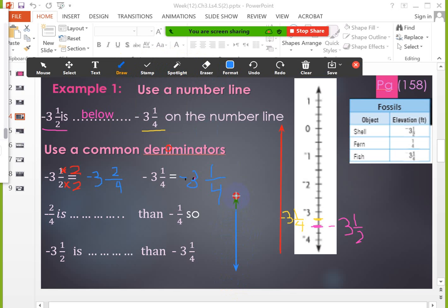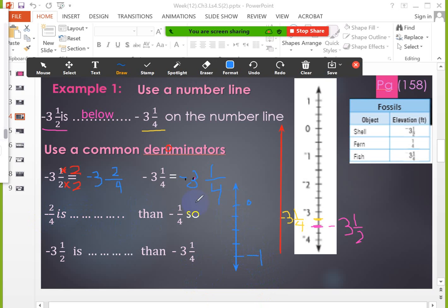This is a number line as an example. This is a number line, and this is 0, and this is negative 1. Now I will explain it, Yusra. I will divide the distance between 0 and negative 1 into 4 equal parts.